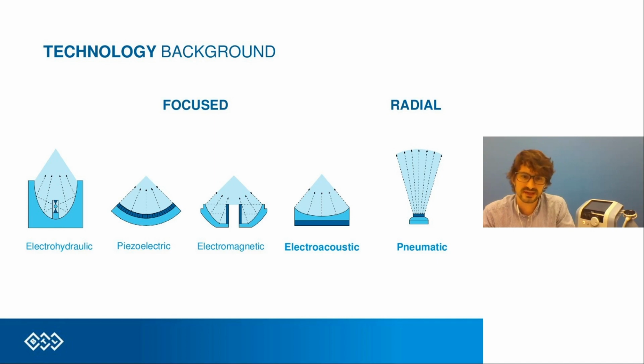The first one is radial shockwave, where most devices run on the pneumatic principle, which I will explain on the next slide. They are called radial and not focused because the wave they produce spreads divergently, as you can see on this graph, getting wider with distance.